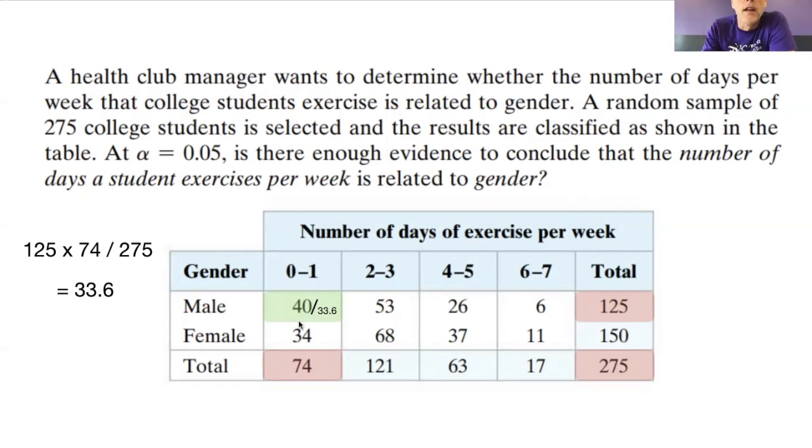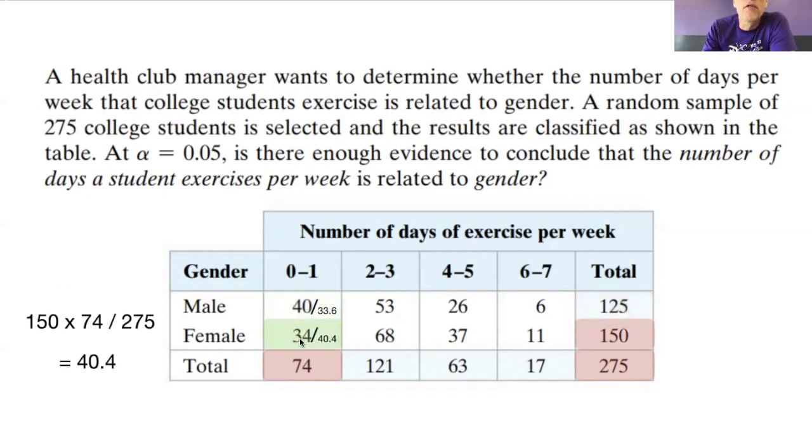Again, column total times row total divided by grand total gives us our expected count. Let's do one more. There are 34 females that exercise between 0 and 1 days a week.